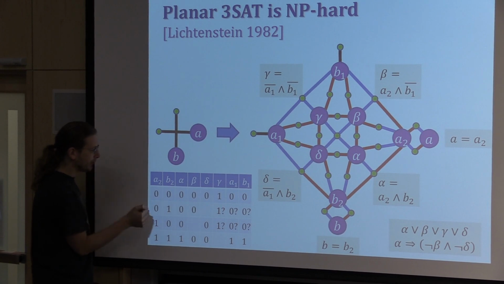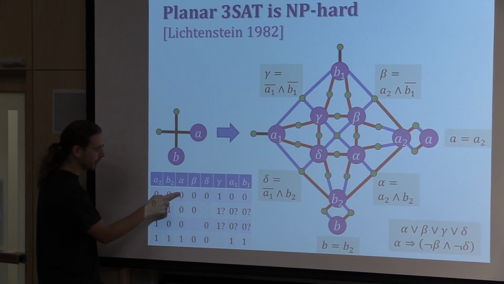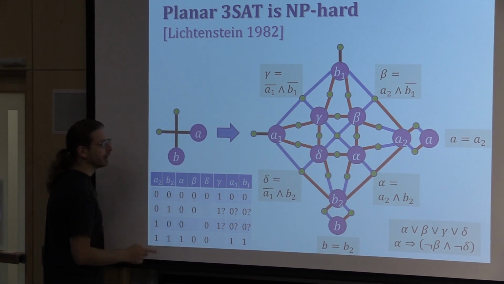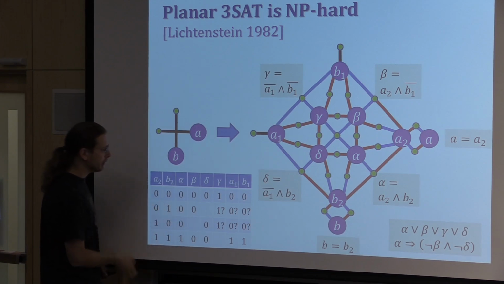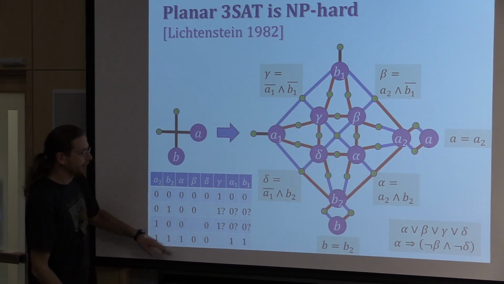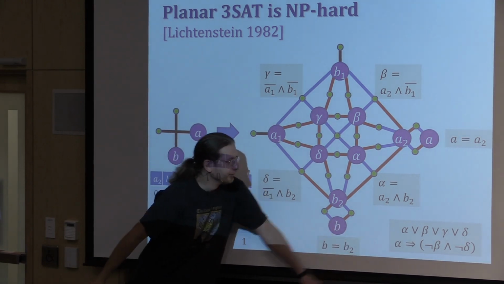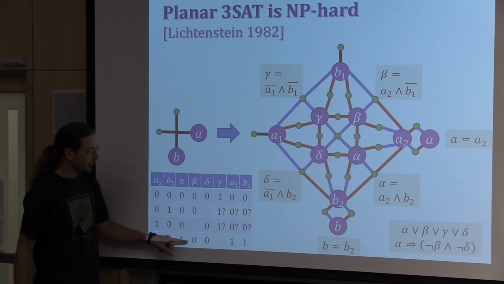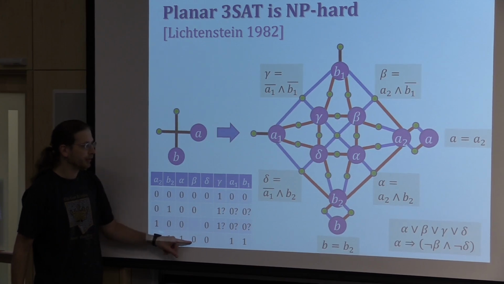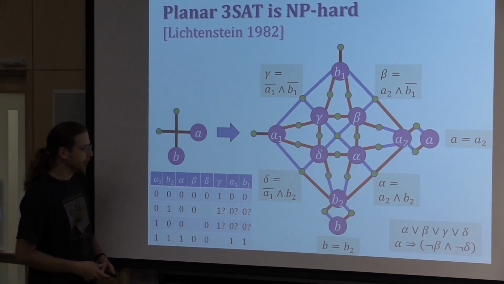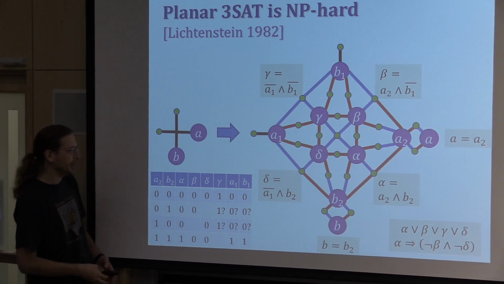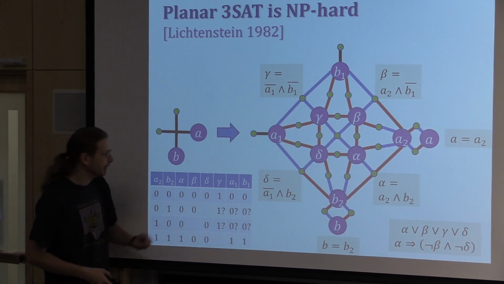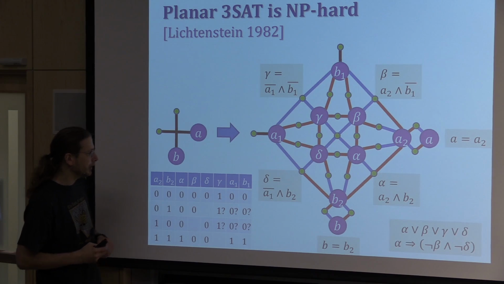What about beta? I claim if alpha is false here, then in this particular case, here's one thing we wrote. Alpha implies not beta and not gamma. So in this last row, if alpha is true, we know that beta and gamma are false. Okay, that's good. We hope also that beta and delta are false. We hope also that gamma is false, but I don't think we need that.